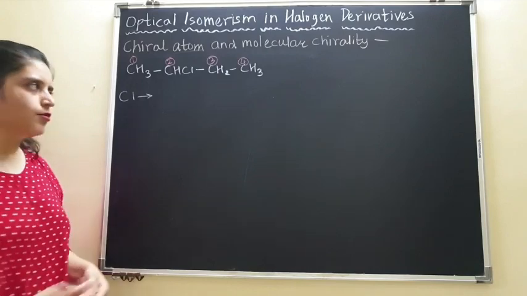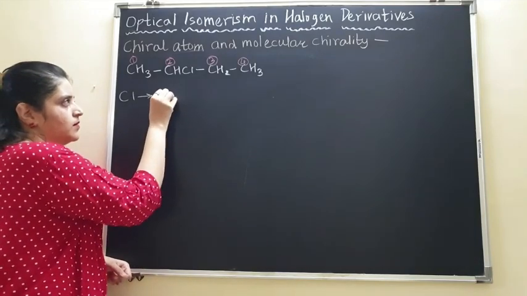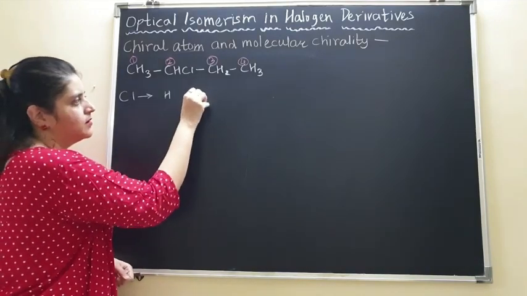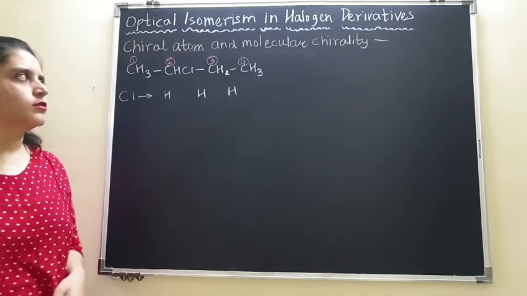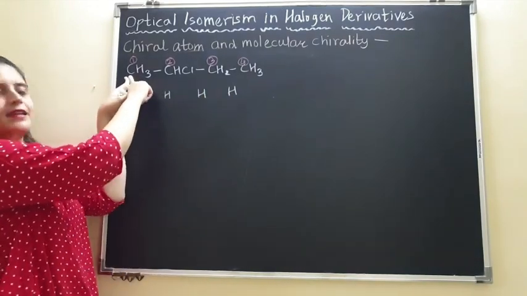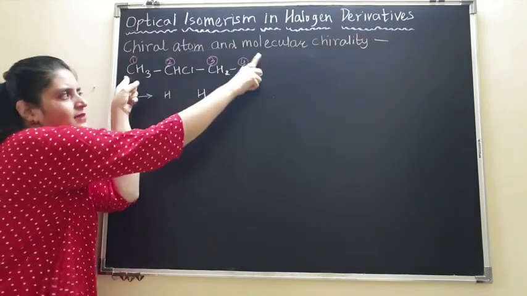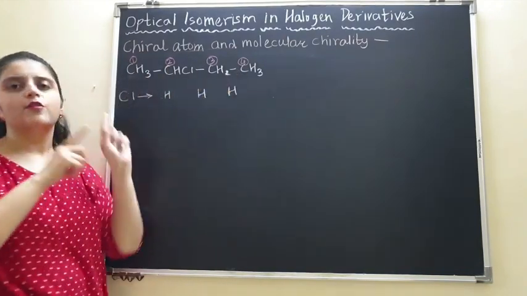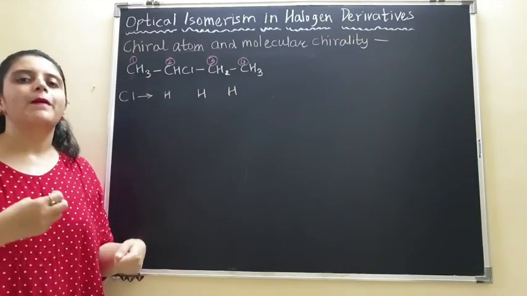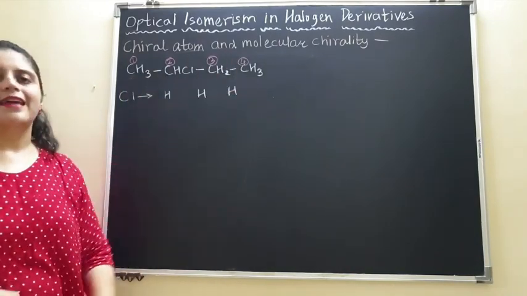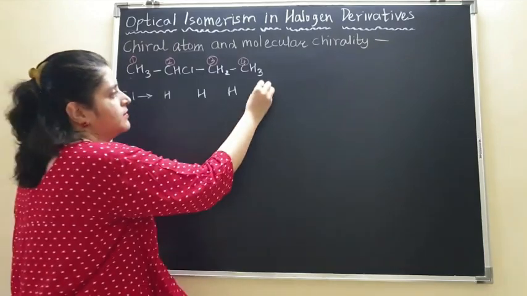So let me write 3 hydrogens: 1 hydrogen, second and third hydrogen. Then what else is attached to the first carbon? This entire group is attached to the first carbon. So instead of writing this entire group, I will represent it by R1.